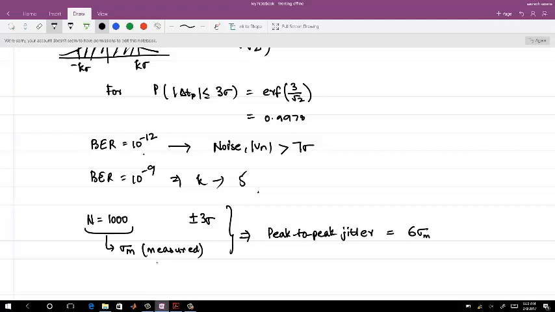And I am making this relation only because when I am measuring for 1000 samples, the samples are lying within plus minus 3 sigma with a confidence of 99.9% or so, and the plus minus 3 sigma is the peak to peak jitter.